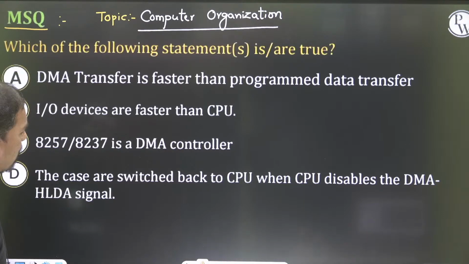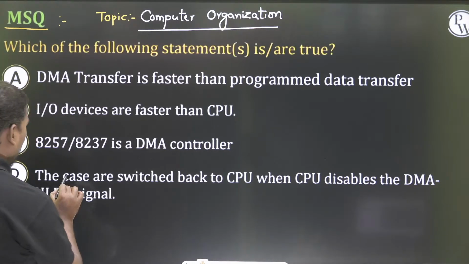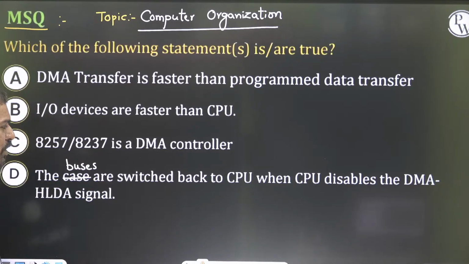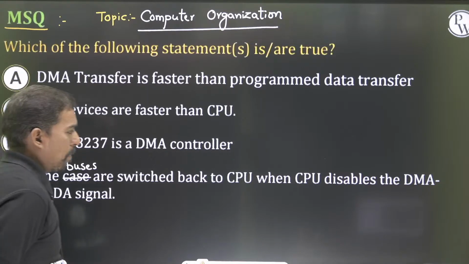IO devices are faster than CPU. 8257 or 8237 is an example of a DMA controller. The buses are switched back to the CPU when the CPU disables the DMA hold acknowledge signal.